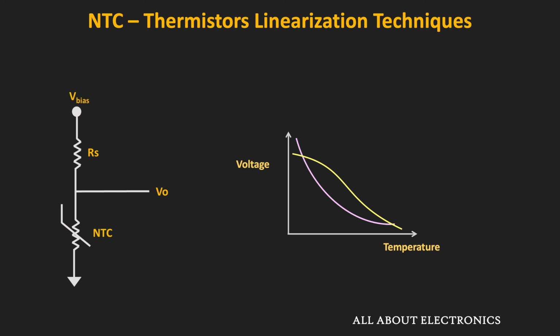And around this turning point, the response will be relatively linear. For example, if the nominal resistance of the thermistor is 10 kilo ohm, and if we select the value of the series resistance Rs also as 10 kilo ohm, then this turning point will occur at 25 degrees Celsius. So in this way, by properly selecting the series resistance value around our required temperature range, we can change the turning point.